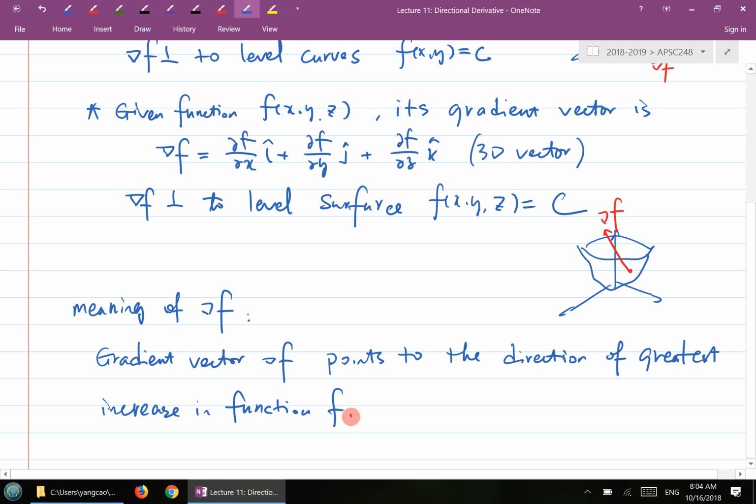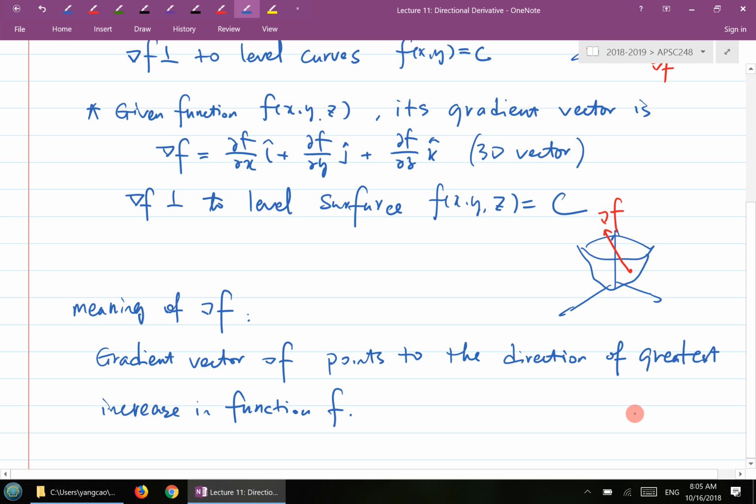That's basically the gist of the gradient vector, which I will prove to you today. Once we finish the directional derivative, we'll see why the gradient vector points to the direction of greatest increase in this function f. So what this really means is essentially a derivative concept.